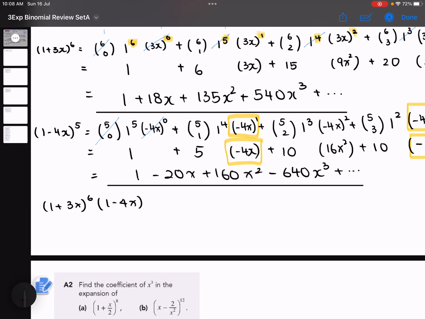Okay, I'm multiplying my two binomials together. I am looking for coefficients of x squared. Straight away, I'm jumping there. I need two lines. The first line is to find my pair.